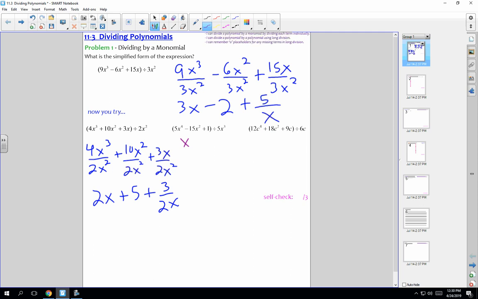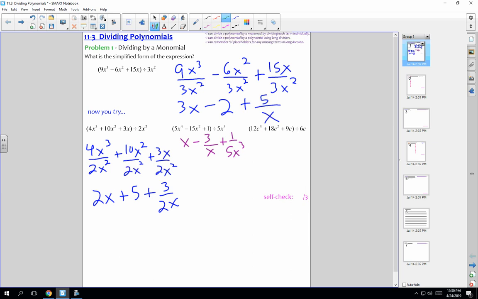So x, okay, it'll be minus, yep, minus 3 over x, you see that minus sign there. And plus, okay. So there's the answer to the second one. Because the x cubed has one more x in the bottom than it does in the top.